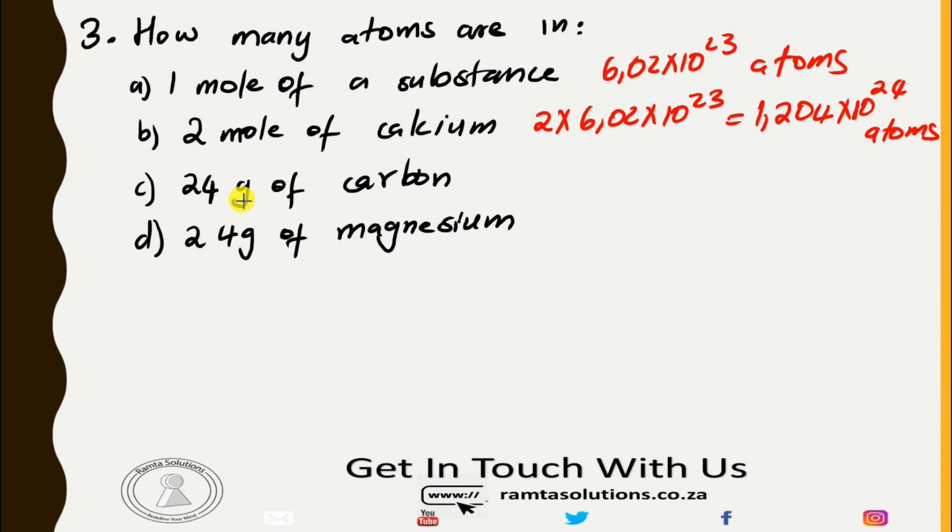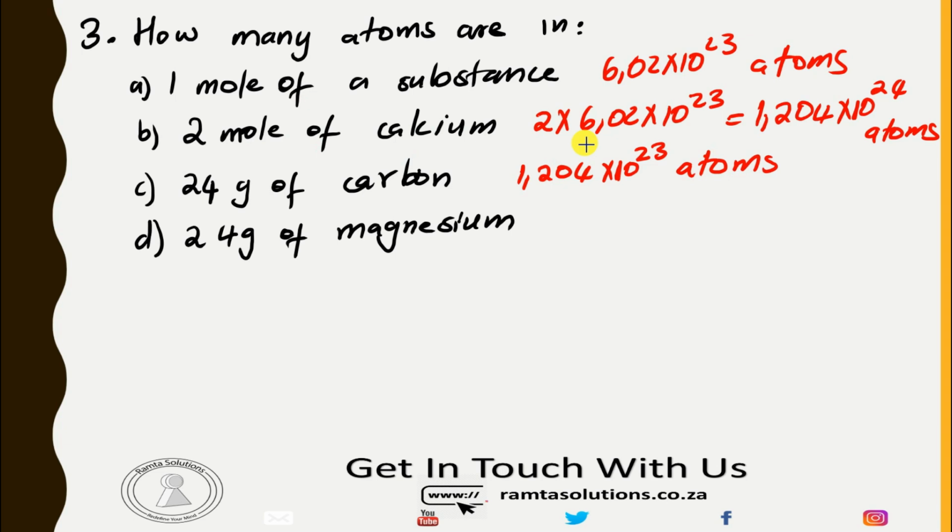That should mean that you have 2 moles, right? 24 grams would basically be 2 moles. So for this one, it's the same as 2 moles of calcium. It is 1.204 times 10 to the 24 atoms.